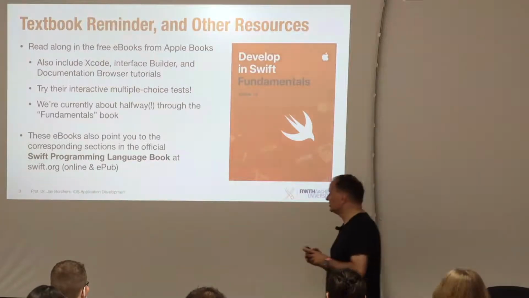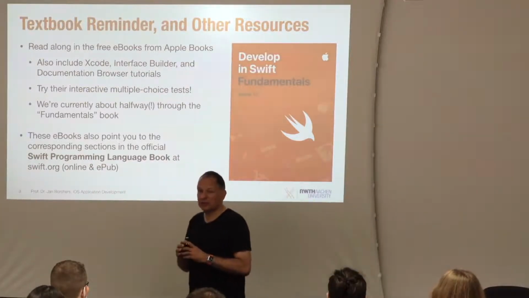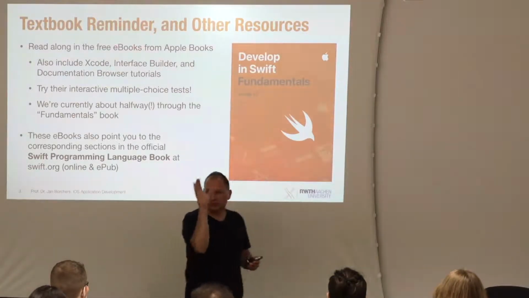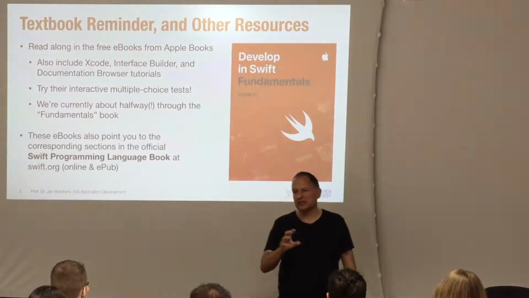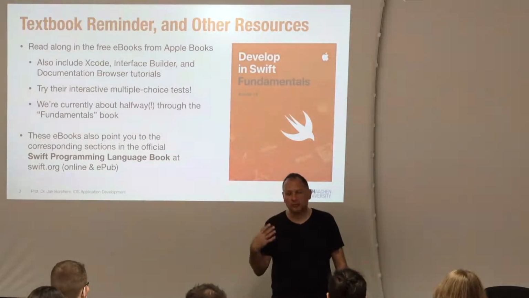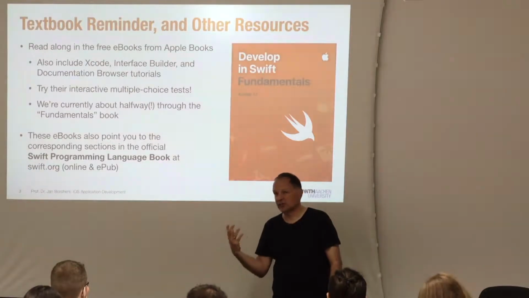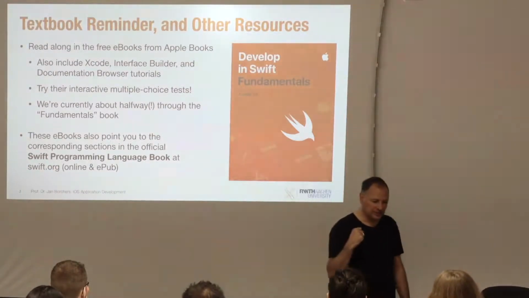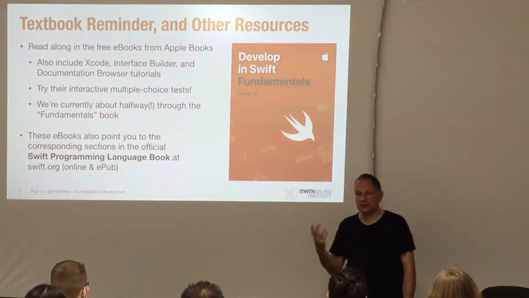The other resource that we haven't mentioned yet, but I wanted to point it out, is that when you open these ebooks and you get to each new section, they will also have a link pointing you to the section that's relevant in the Swift programming language book about that topic. And what's that book? Well, this is the official authoritative source on how Swift works.